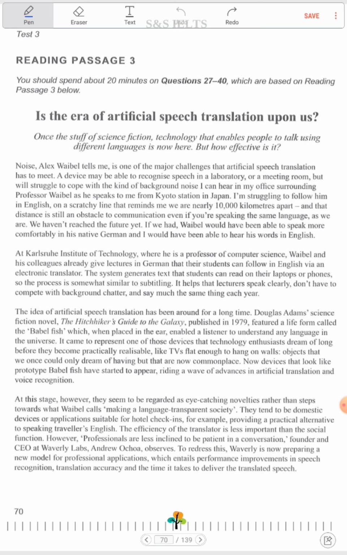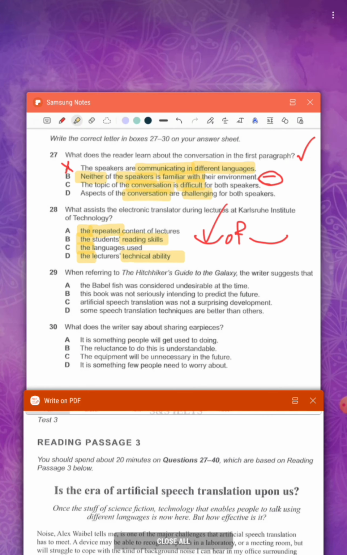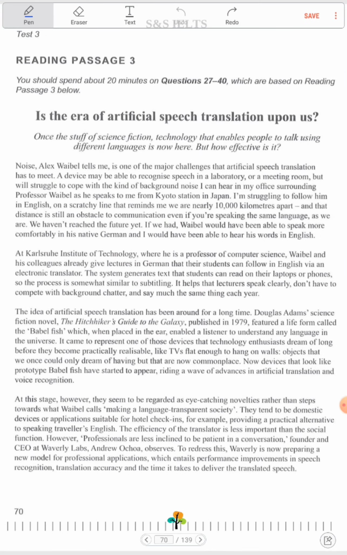I can find a name starting in capital letters, Hitchhiker, which is the specific name mentioned in paragraph 3. So I make sure that paragraph 2 is where I can find the answer to 28.